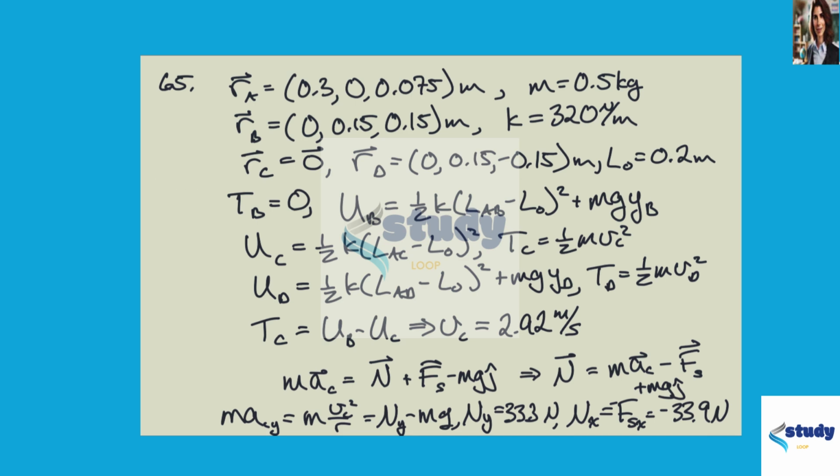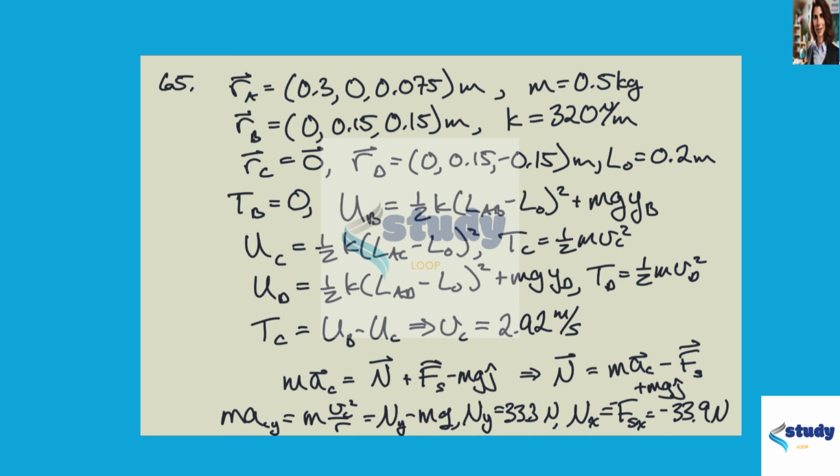So we can write Newton's laws for the collar at that position. So the mass times its acceleration must be the normal force from the rod on the collar plus the spring force minus the weight.